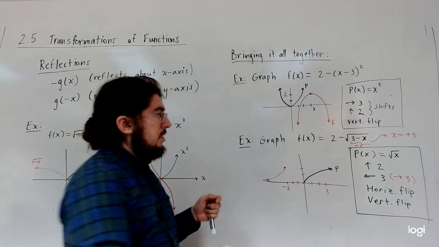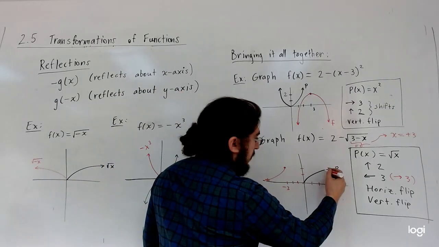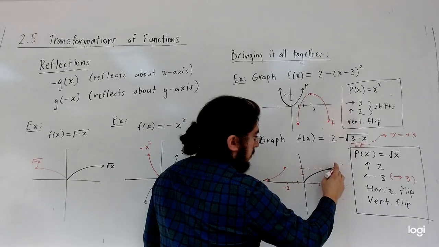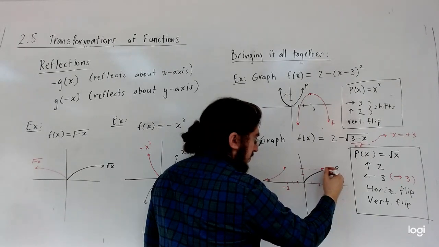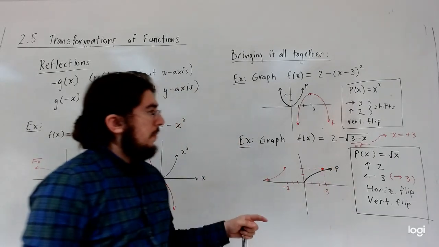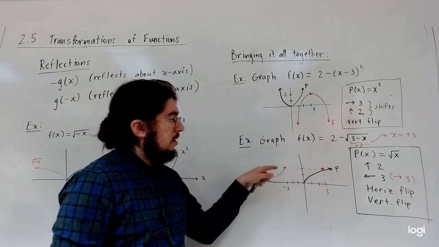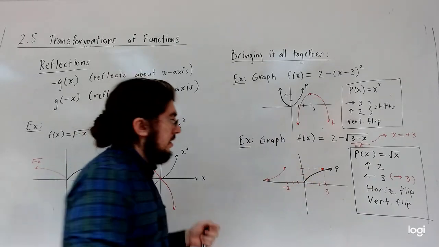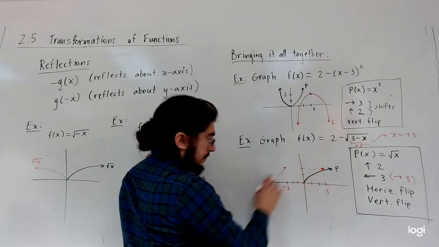Okay, good. So when x is equal to positive 3, let me see if I can, that's fine. There's some overlap of the graphs, but that's okay. So when x is equal to positive 3, we get y is equal to 2. So this is the point we're actually going to be on. So this is a point on the function. And the shape is like what I'm drawing here.